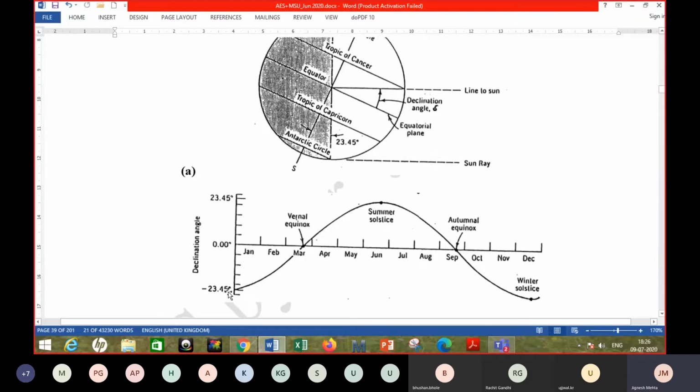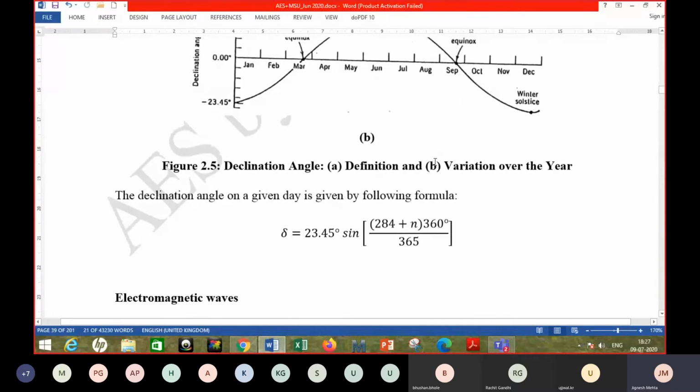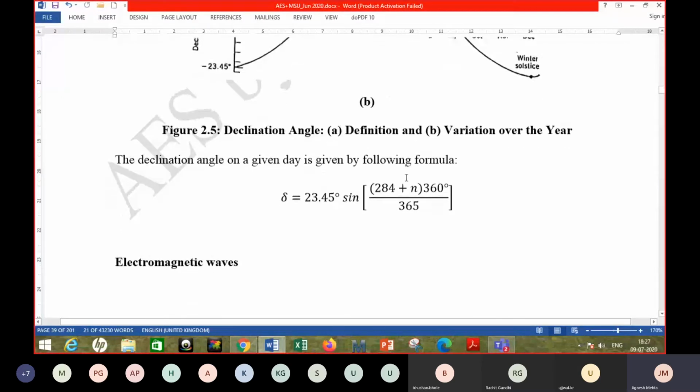It becomes 0 on the vernal equinox. It is also 0 at the autumnal equinox, and on the summer solstice it is plus 23.45, and again decreases, becomes 0 here, and again the winter solstice, right? So the declination angle has a kind of sinusoidal change with the day number.